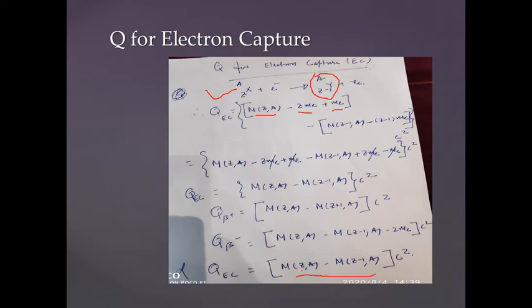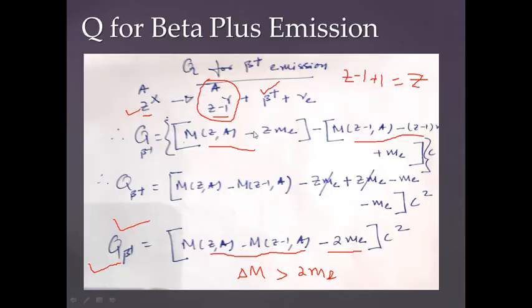So if this difference is greater than 2me, then there are two possibilities. Either it can decay via the electron capture route, this is also possible, or this is also possible. So there are two possibilities. So it depends on which is more favorable. The atom will choose that particular route. Energetically, whichever is favorable, it will choose that particular route.